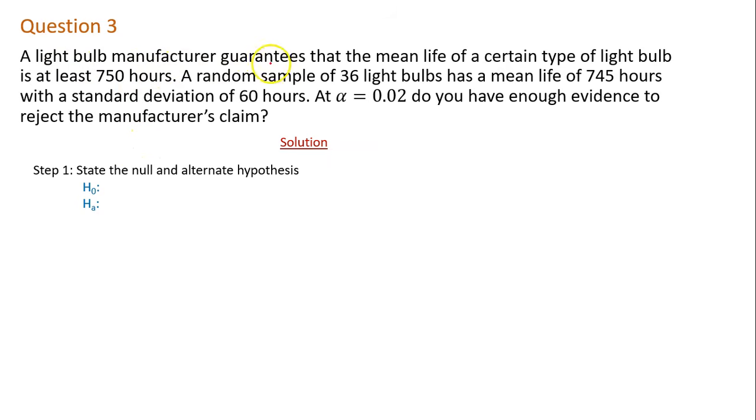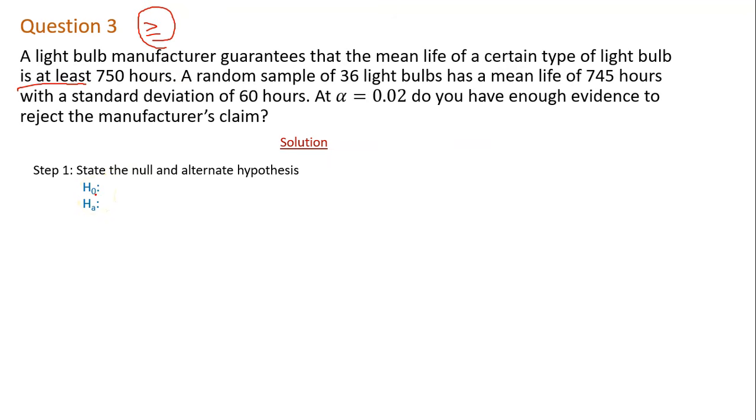A light bulb manufacturer guarantees that the mean life of a certain type of light bulb is at least, means what? Greater than or equal to. And the greater than or equal to sign is a statement of equality. Since it is a statement of equality, remember I told you a statement of equality should go for H naught.